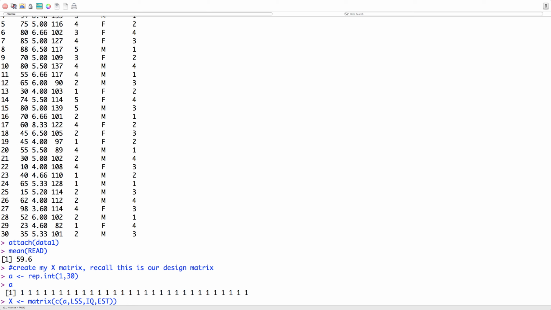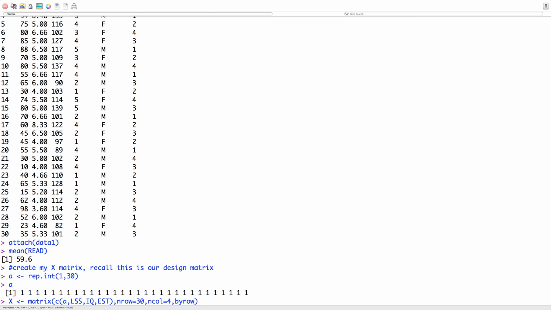Hopefully you know by now that the next thing you're going to do is set up your rows. So I want my n rows to be 30. I want my number of columns to be equal to the ones, LSS, IQ, EST. So the number of columns is always going to be one more than our number of variables.